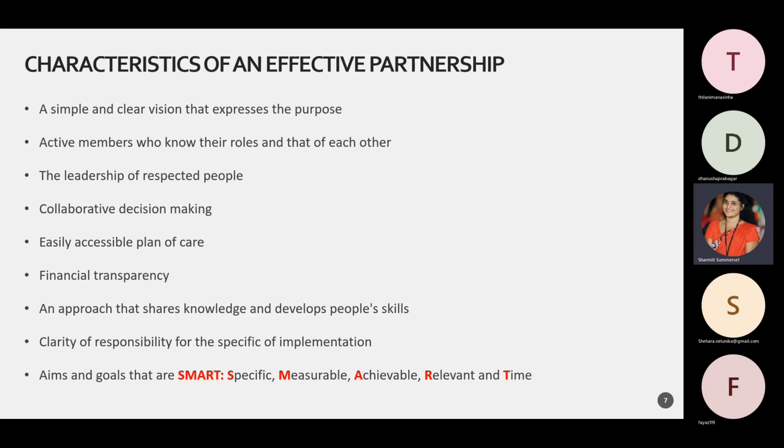Whatever your goal and aim, it should be a specific one, and it should be a measurable one. That means, what the outcome is, it should be measurable. What are the outcomes and how can it provide a good outcome for the particular individual, and what are the achievements.